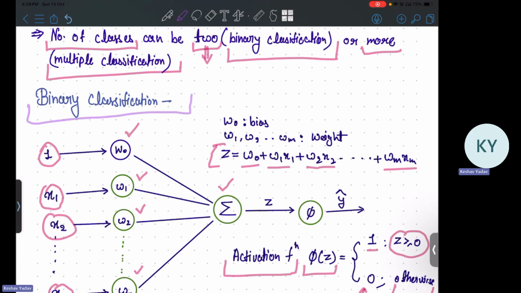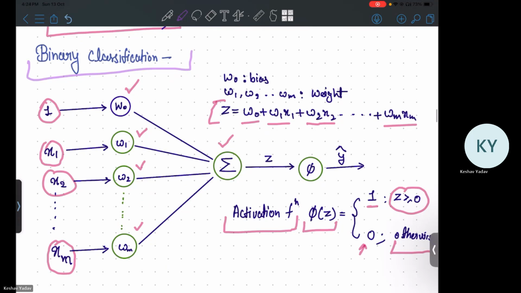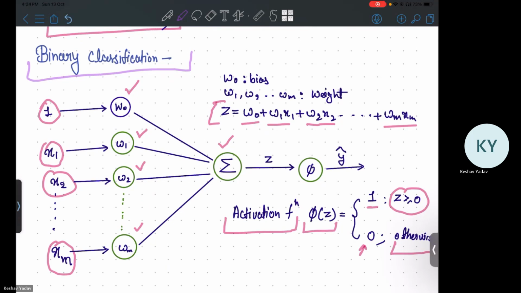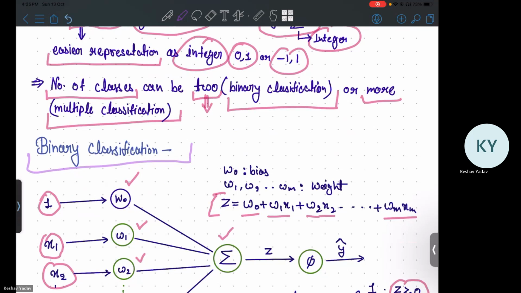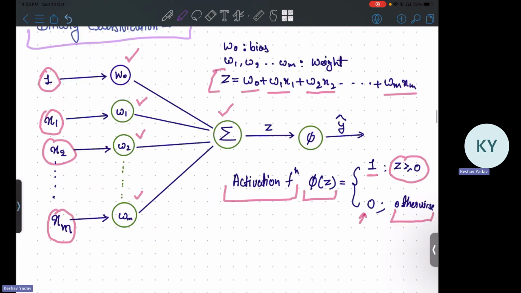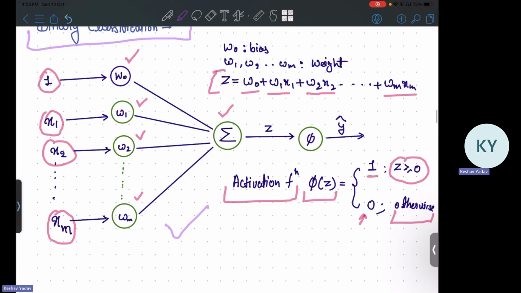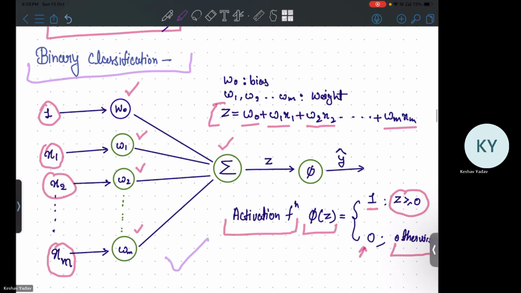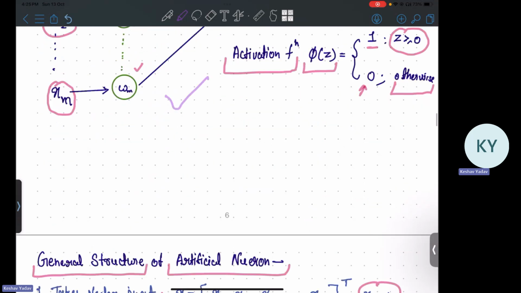But when there are more than two types of classification available, then it is called multiple classification. We have represented in geometrical form the artificial neuron for binary classification.